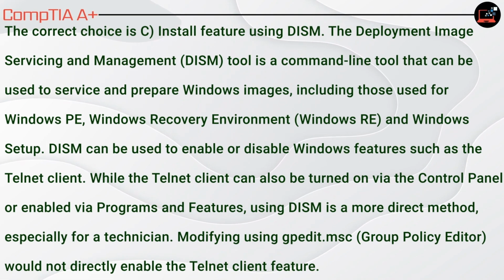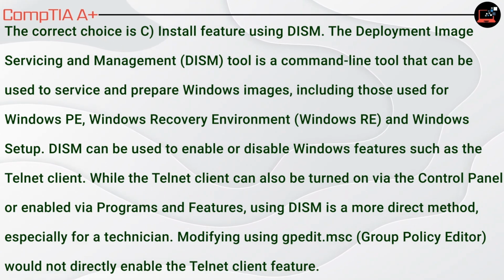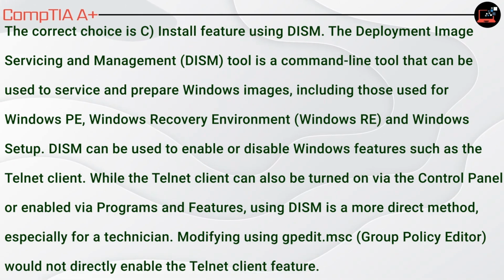The correct choice is C. Install feature using DISM. The Deployment Image Servicing and Management DISM tool is a command line tool that can be used to service and prepare Windows images, including those used for Windows PE, Windows Recovery Environment, Windows RE, and Windows Setup.